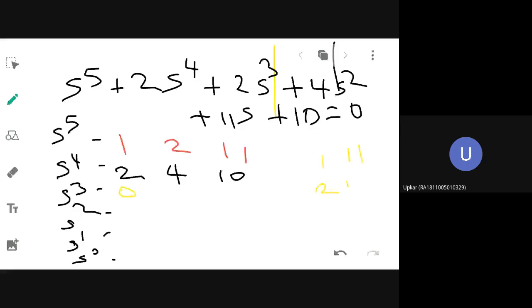So 22 minus 10 divided by 2. What was the answer? 6. Yes, 6, ma'am.